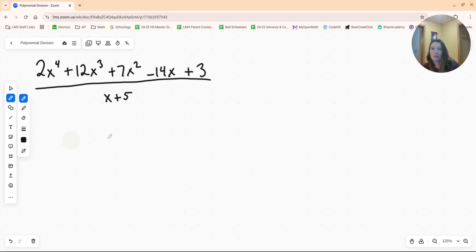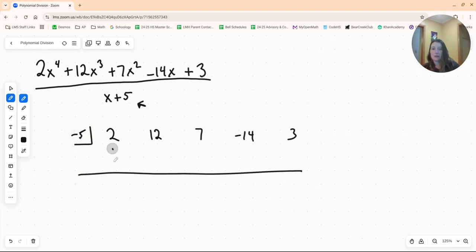All right, so I set up my coefficients: 2, 12, 7, negative 14, 3. My root is negative 5. And here we go. Bring the 2 straight down. Then we multiply across. Negative 5 times 2 is negative 10. 12 plus negative 10 is 2.